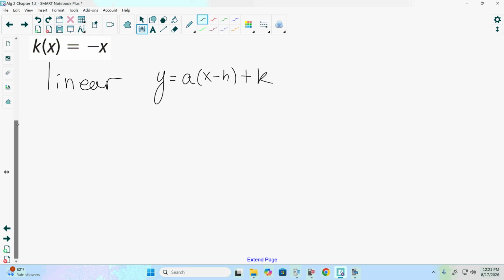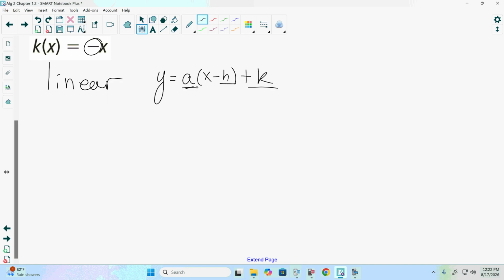What transformation do we have here? Do we have a value for H? Do we have a value for K? No, what do we have?